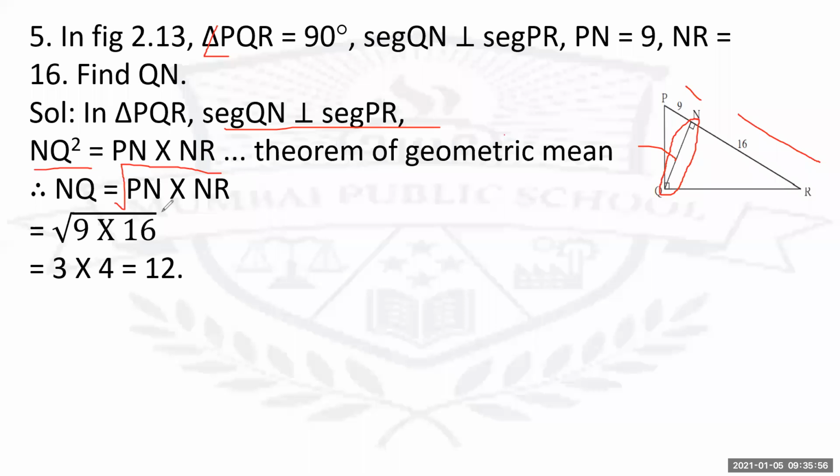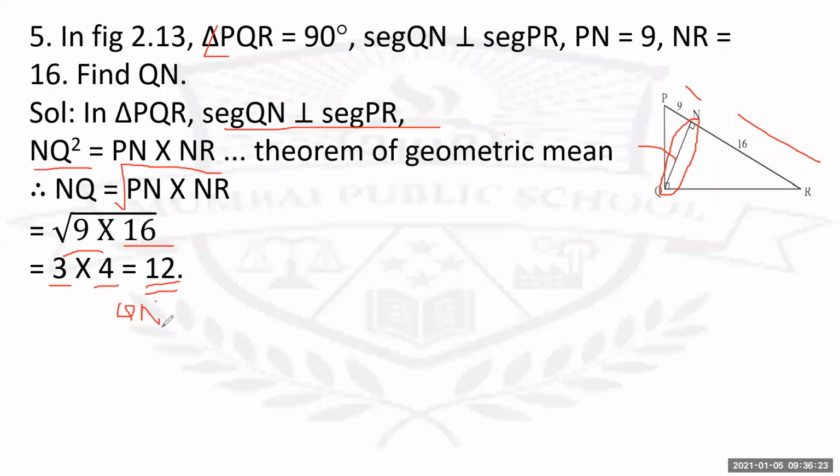Now substitute the values. PN is 9, NR is 16. So 9 into 16. Root of 9 is 3, root of 16 is 4. So 3 into 4 is 12.